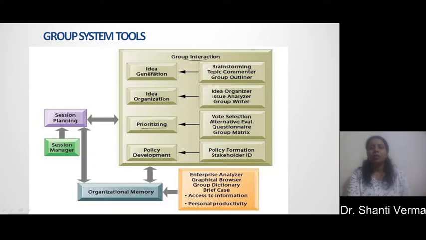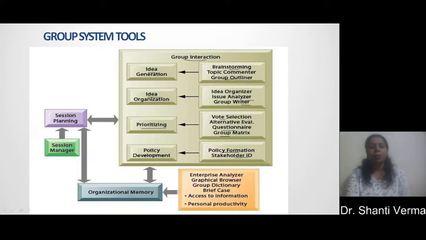Idea generation happens with the help of brainstorming topics, group outliner, etc. Organization of ideas is done using idea organizer, system issue analyzer, or a group writer. Prioritizing of any task is done using the board selection, the questionnaire, or the group matrix. The policy development is done using the policy formation with the stakeholder ID.